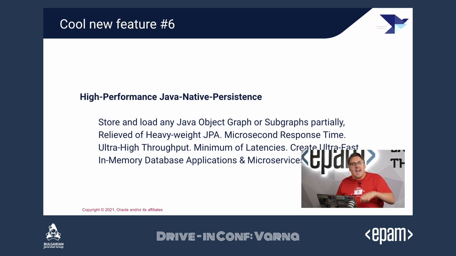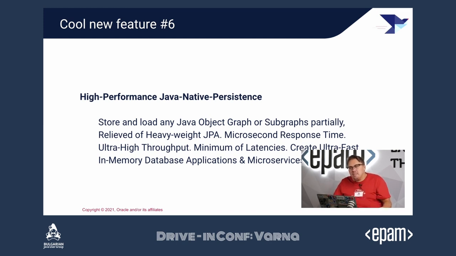That means that you can store any object or object graphs or its subgraphs partially directly, without any JPAs, databases, ORMs, or whatever, in fractions of a second. So it's only Java specific, but the product itself is extremely awesome. So you really get ultra high throughput, and you get really minimum latencies there.